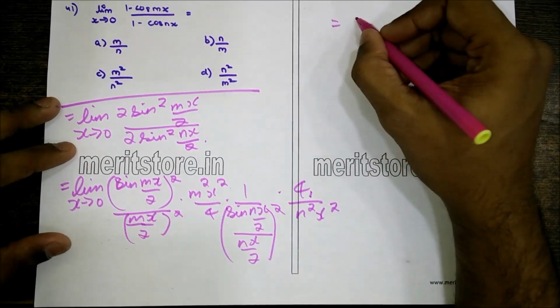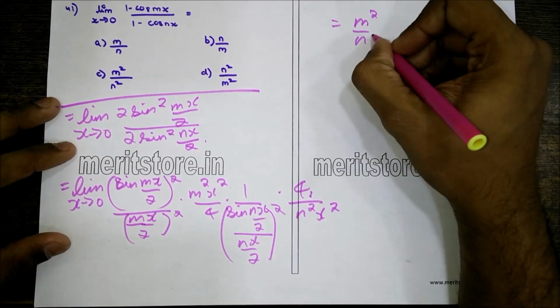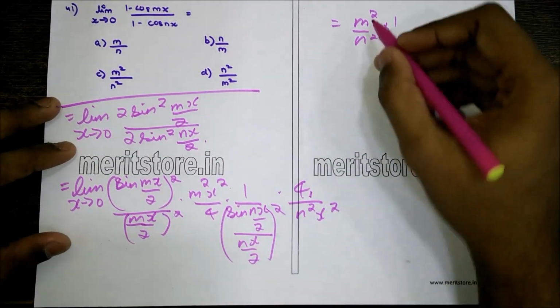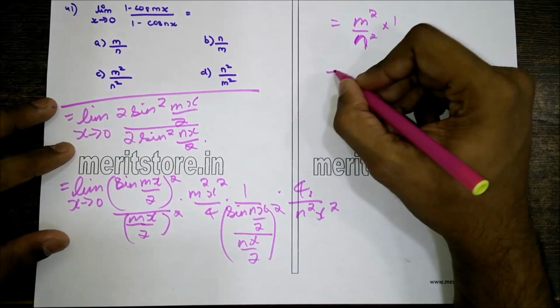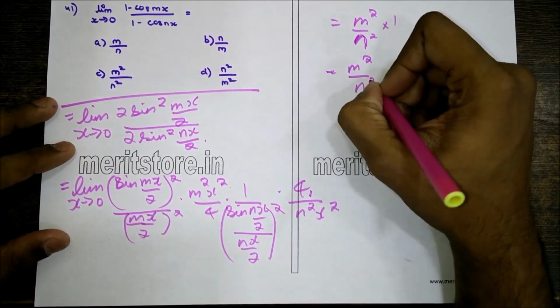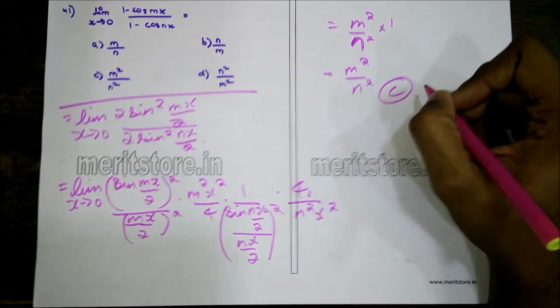This gives us m square by n square into 1 on applying the limit of x tends to 0, which is m square by n square, option C.